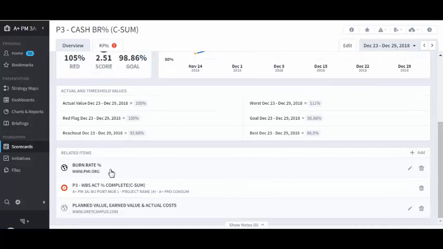We have related links to it. In this case, we've added three links, rather. One associated with burn rate, one associated with plan value, earned value, and actual costs, right? So this is how you would acclimate yourself. So if you were to click on this link here, it would launch the information associated with burn rate and how PMI views burn rate.